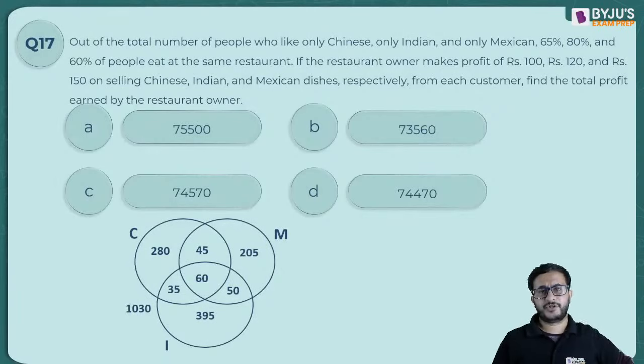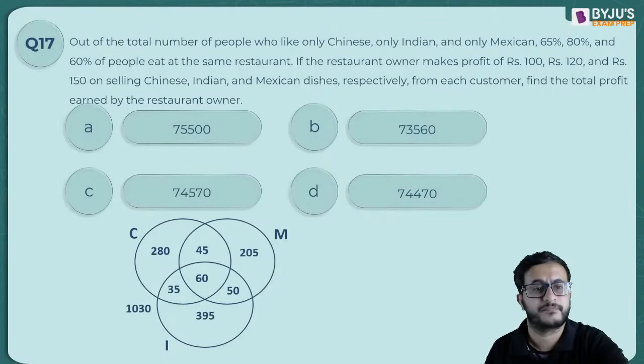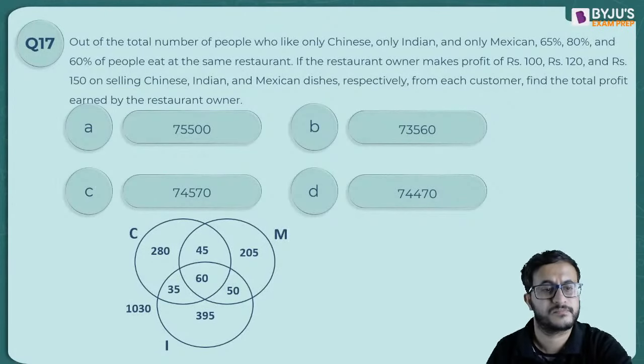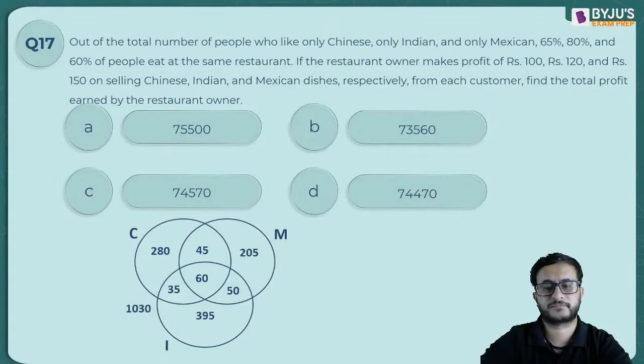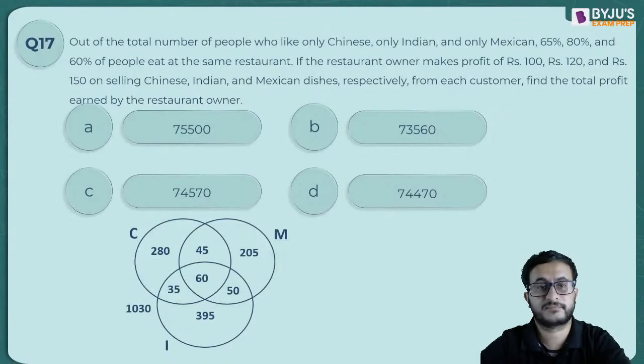Okay, if the restaurant owner makes a profit of 100, 120, and 150 on selling Chinese, Indian, and Mexican dishes respectively from each customer, find the total profit earned by the restaurant owner. So do this calculation.